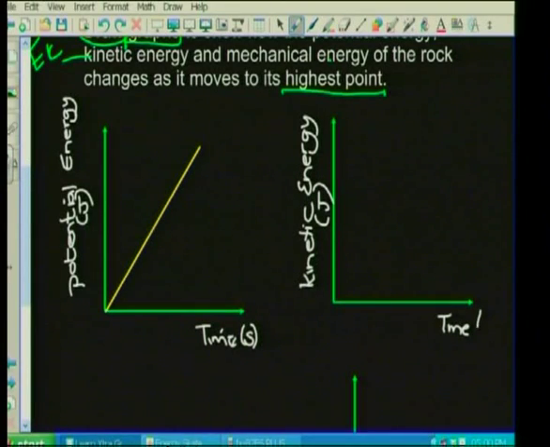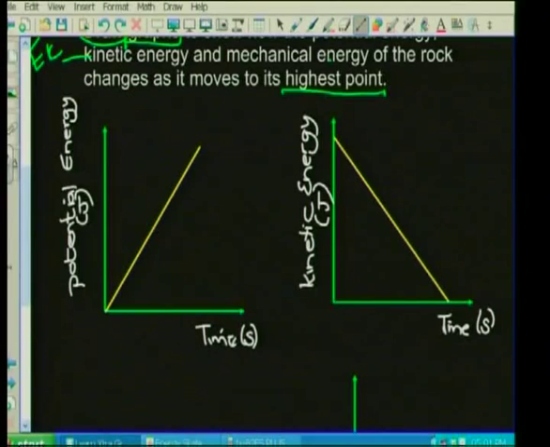Let's now look at the kinetic energy. Now I've already written it in, and because we did potential versus time, we need to do kinetic versus time. We can't change that. Now we need to think about this one. The rock was slingshotted at an initial velocity, which means it's got kinetic energy.